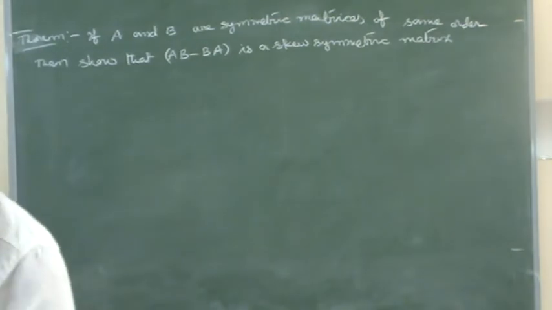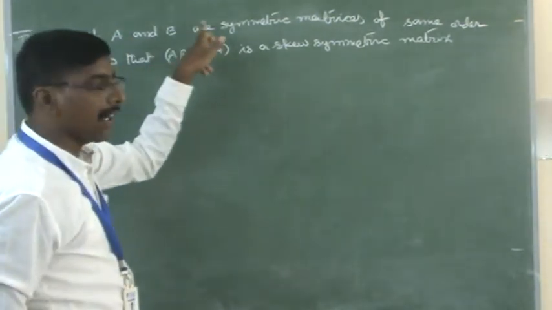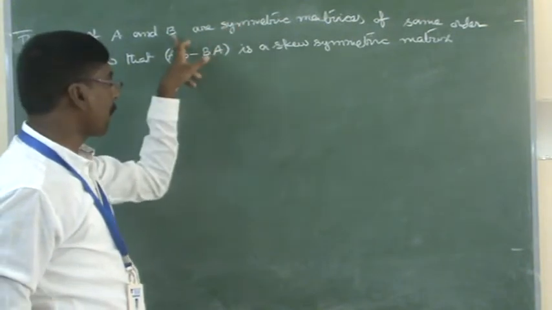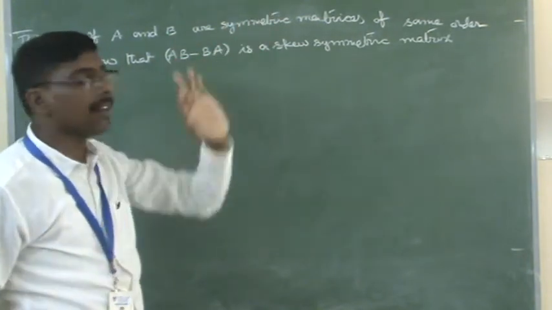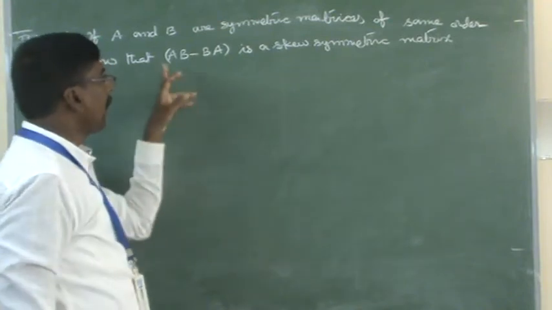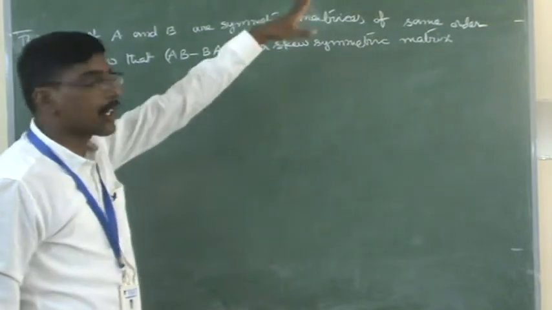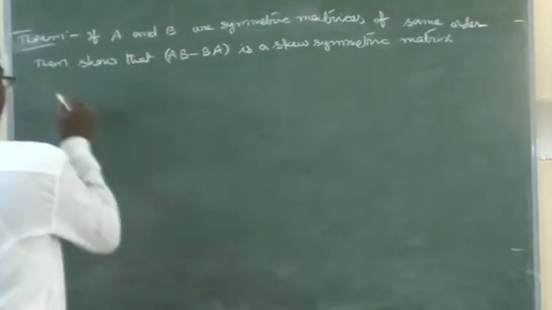What is given here? If capital A and capital B are symmetric matrices of the same order, then prove that AB minus BA is a skew symmetric matrix. This is the problem.